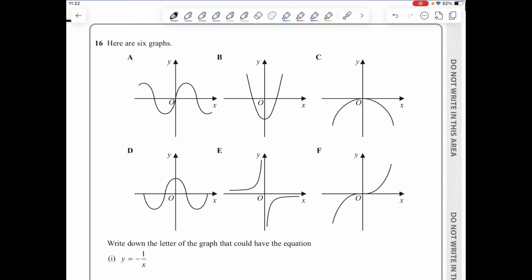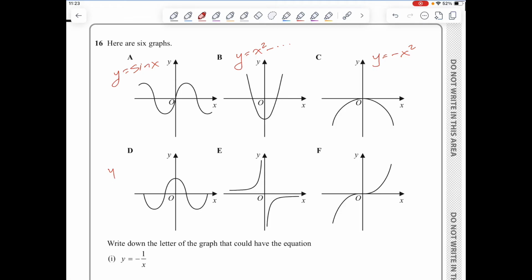For question 16, you should recognize each of those graphs. Now the first one is y is equal to sine x. B is a positive quadratic, so it's y equals x squared minus something because the y-intercept is negative. C is y equals minus x squared.